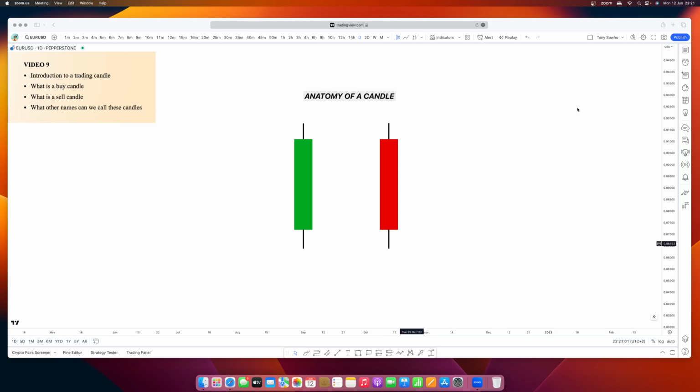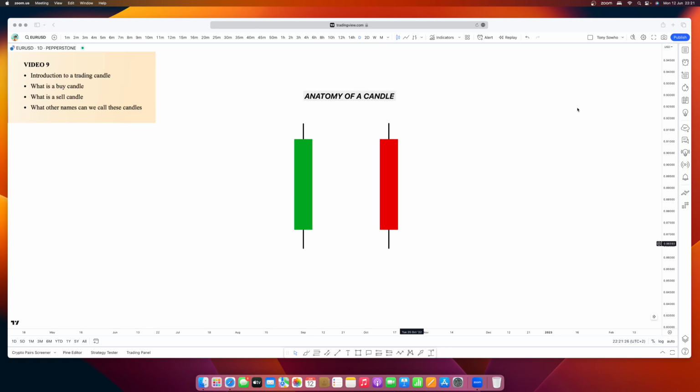So anatomy of a candle, I'm going to be explaining what a candle is and what are the different properties that we have in a candle. As you can see on my screen, we have two different colored candles: the green candle and the red candle.